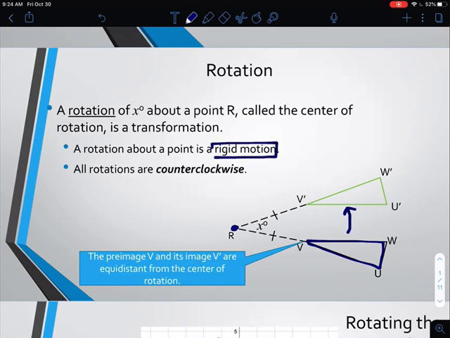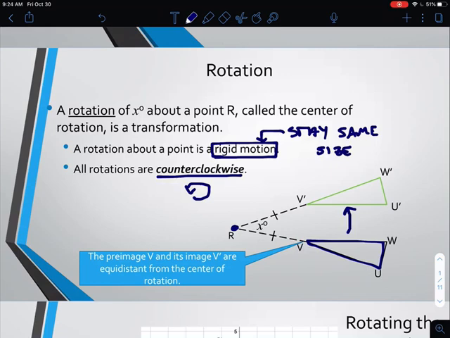A couple things about rotations. First, rotations are rigid motions, which means they stay the same size. That's a term you need to remember as we go through this chapter. We don't change the figure to get bigger or smaller when we rotate the object. The other thing that's really important is that all rotations that we do will be counterclockwise, meaning we go against the clock, in this direction here.